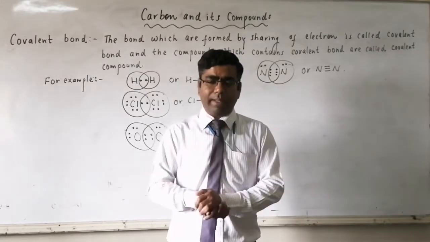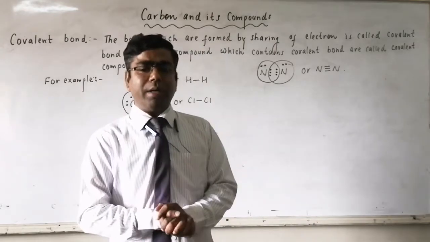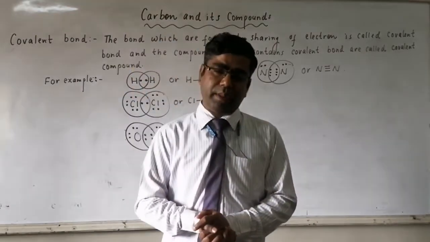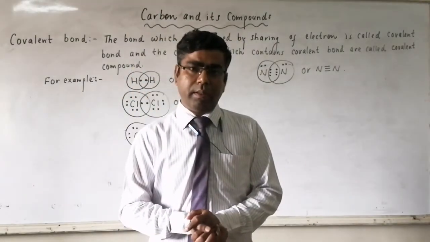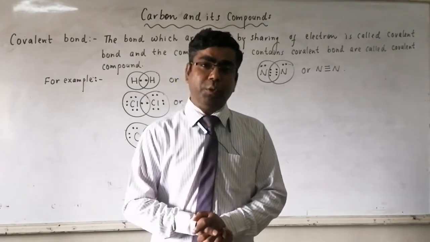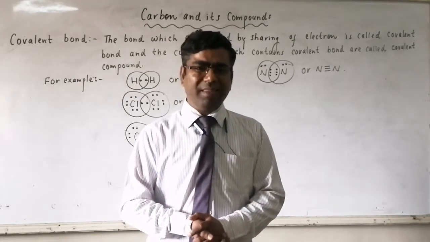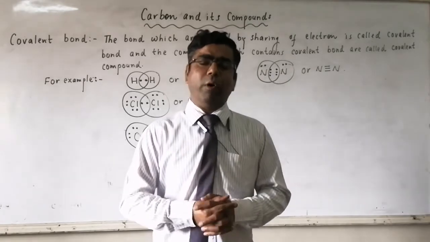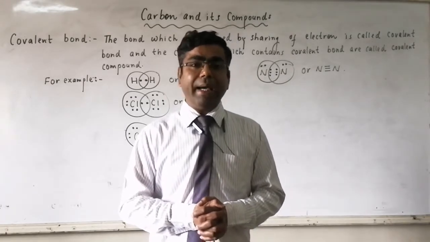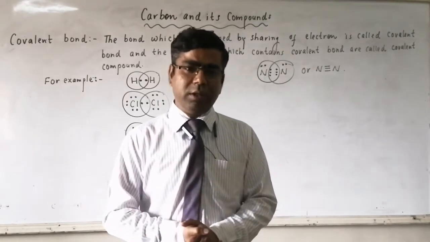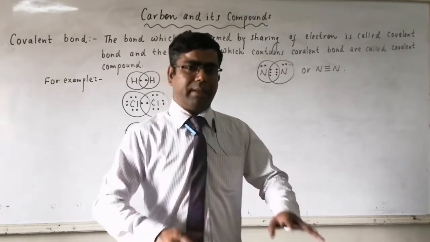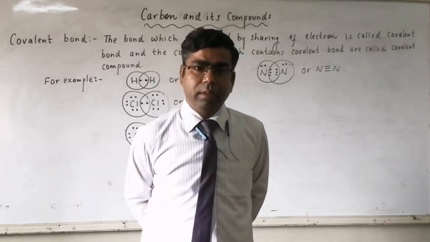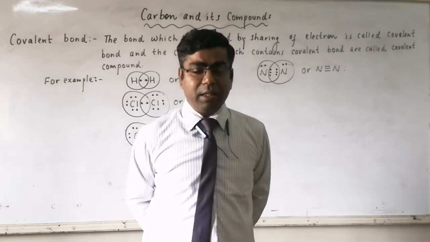In metals and non-metals, I have explained to you about ionic bond. And there I told you that the bond which is formed by transfer of electrons from metal to non-metal is called an ionic bond.